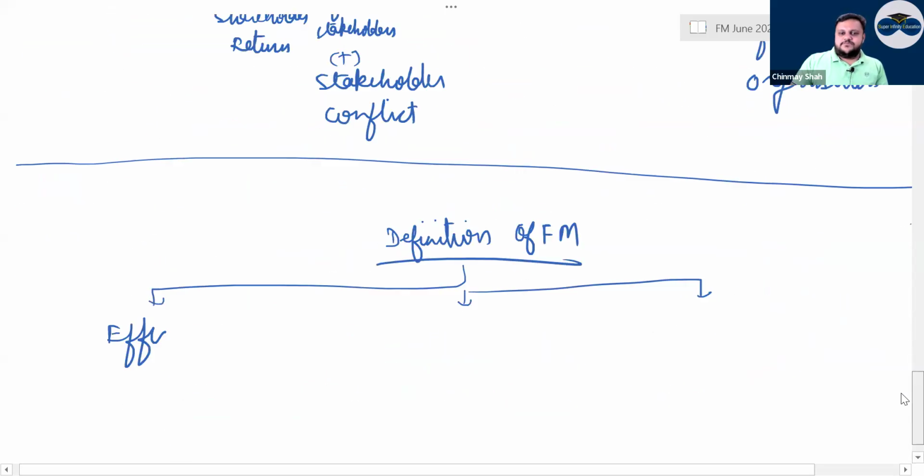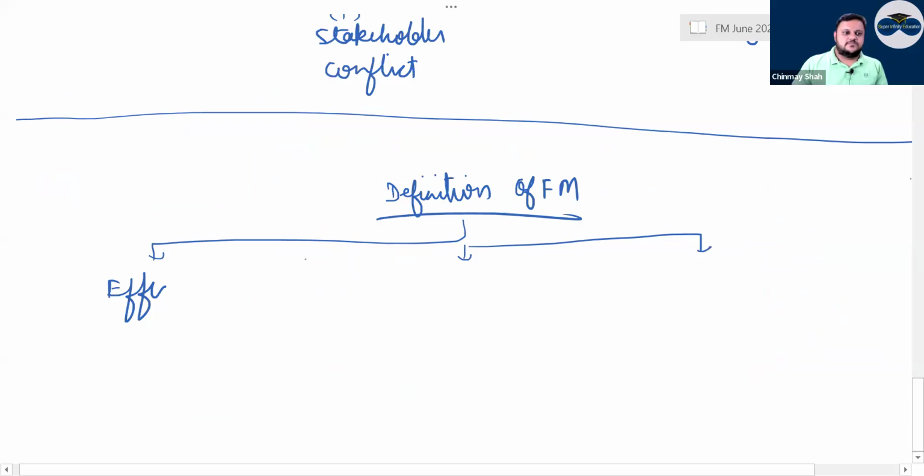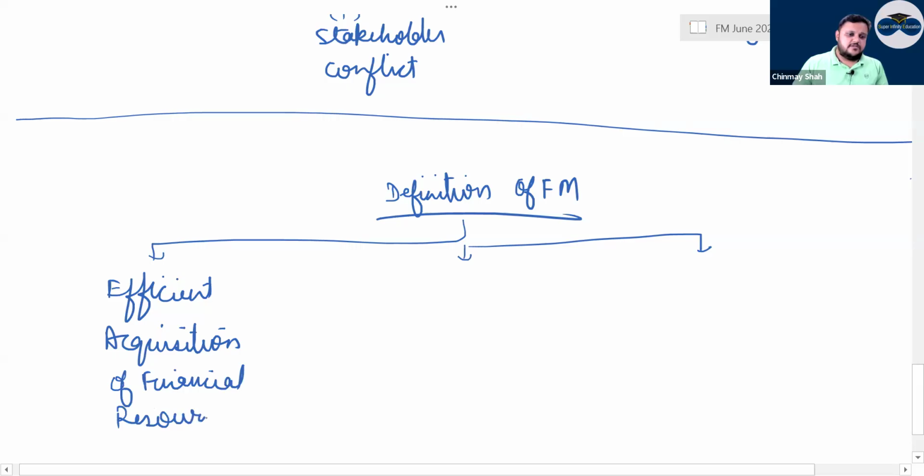Definition of FM. Efficient acquisition of financial resources and efficient allocation of financial resources.